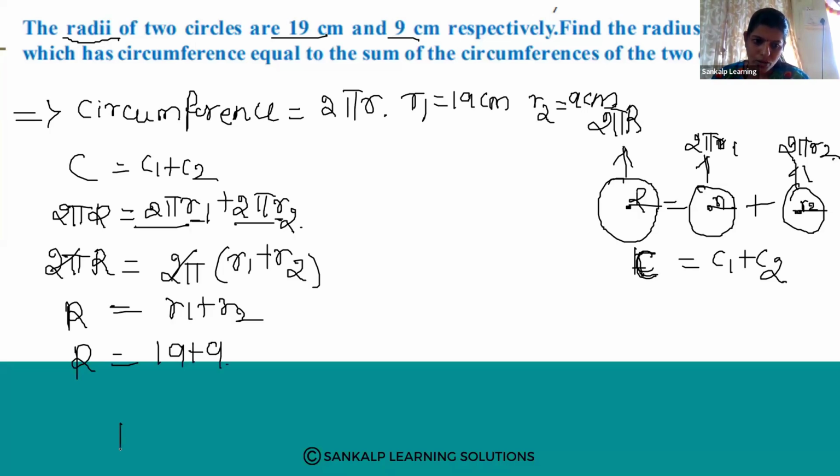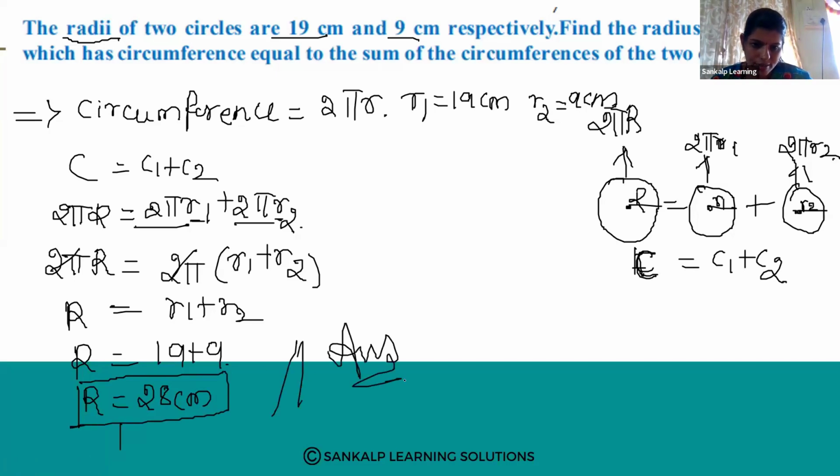So R is equal to 19 plus 9. Yes, that is 28 centimeter. So find the radius of the circle. R is 28 centimeter. Okay. So the final answer is the radius of the circle is 28 centimeter.